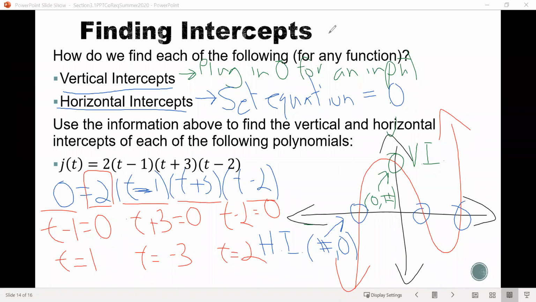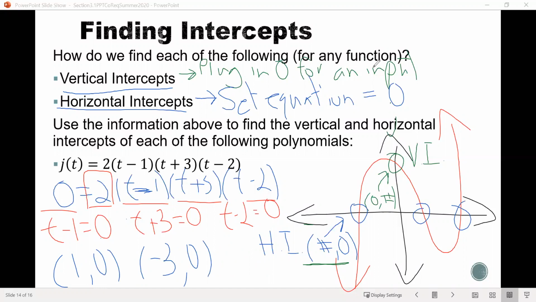Those would be part of our horizontal intercepts. But as I highlighted over here, a horizontal intercept always has to be of the form a number, comma, 0. So if we write these out as coordinate points, our horizontal intercepts for this function would be 1, 0, negative 3, 0, and 2, 0.